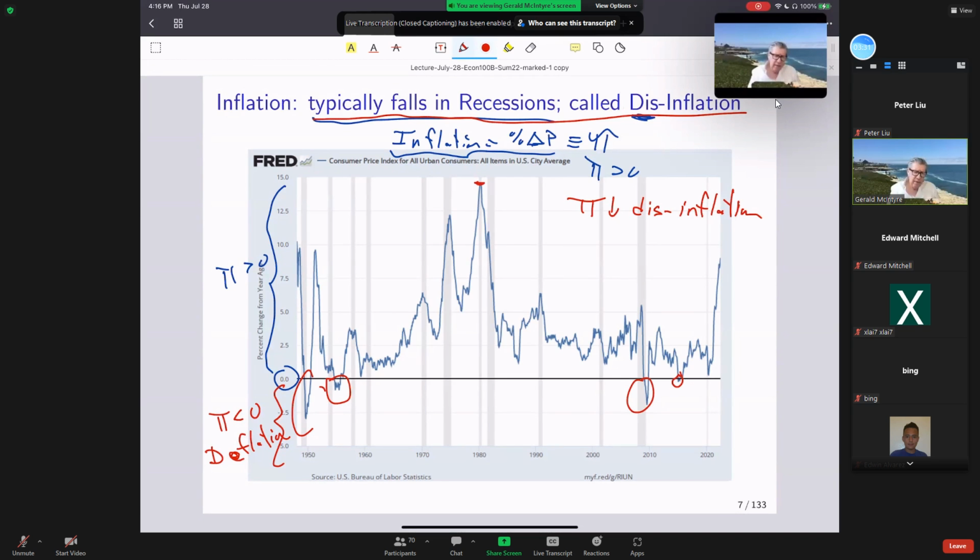In 1980, inflation up nearly 15%, and it came down. That's a disinflation. Here's a disinflation, okay? Of course, if you have enough disinflation, you may get to a deflation, okay? And that happened in the global financial crisis. Here's another disinflation here. Here's another disinflation here, okay?